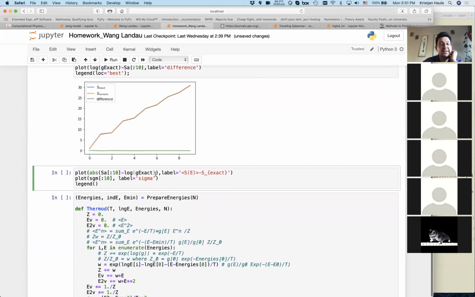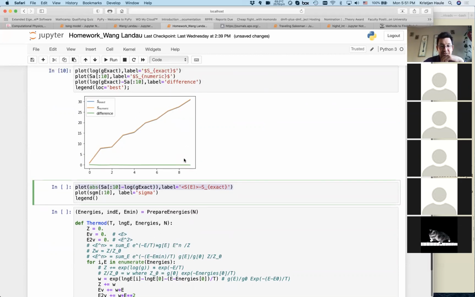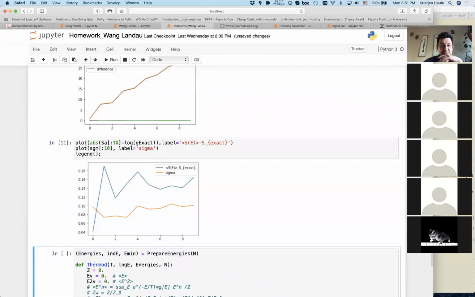But then finally, we're supposed to compare the difference between the two. So we already have the difference. Here's the green curve. Now this green curve should be of the order of sigma, isn't it? That's now the real check. So it should be of the order of sigma.